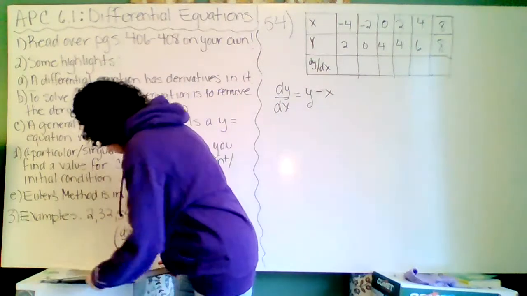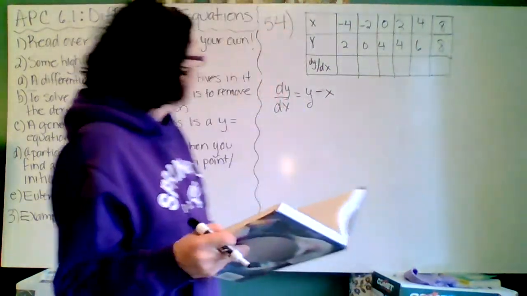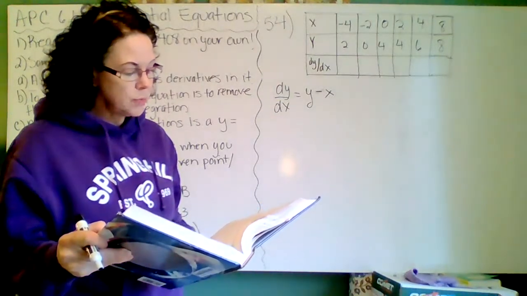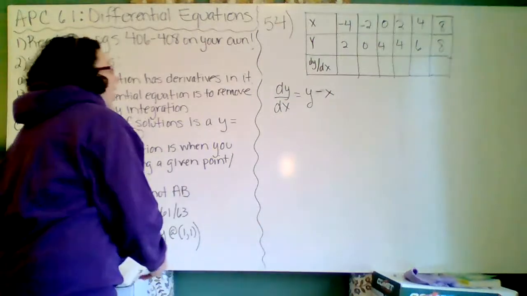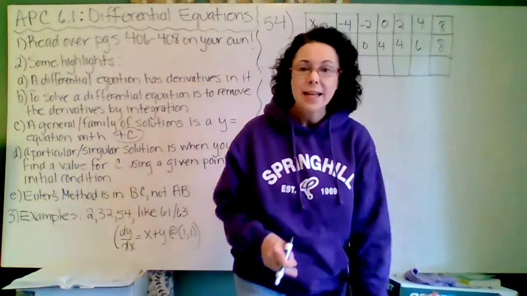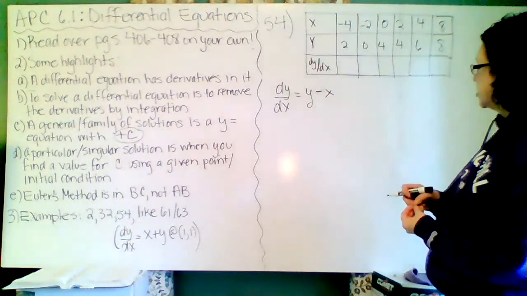Now, their actual question: a differential equation and its slope field are given. Complete the table by determining the slopes, if possible, in the slope field at the given points. So all they're giving us is a set of x, y points, and they just want us to fill in the table. They're not even asking us to draw on the slope field like they usually do.